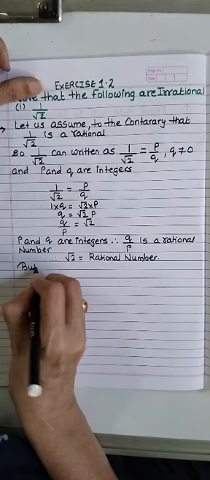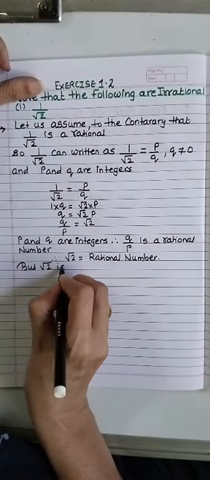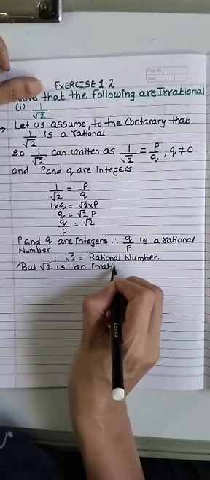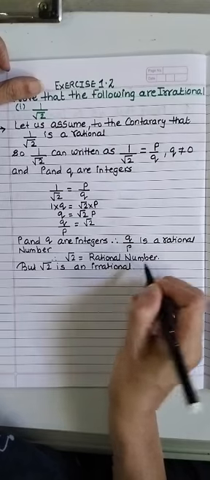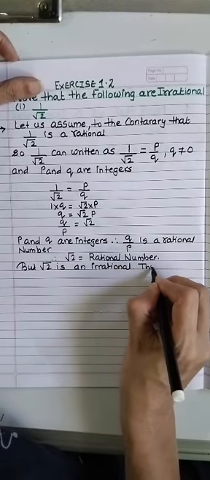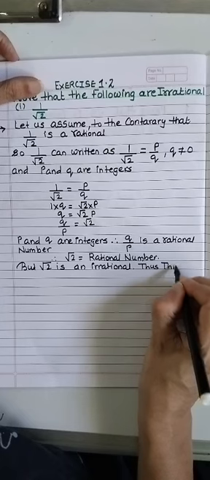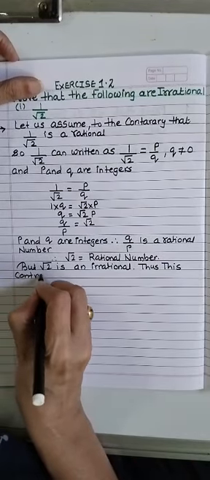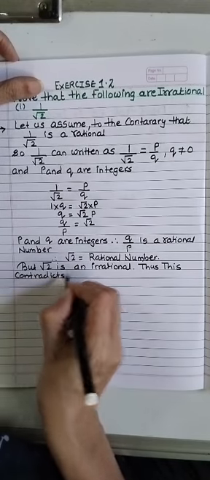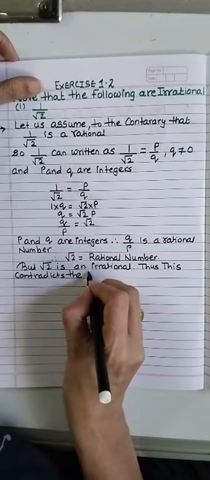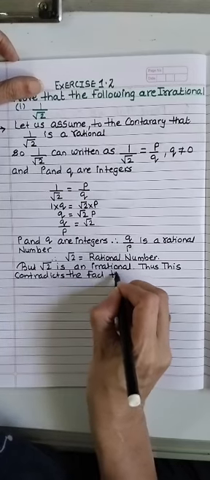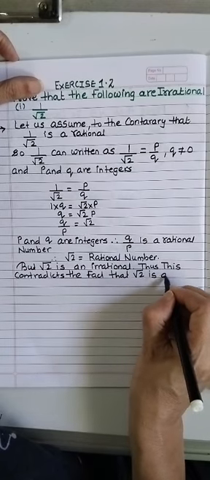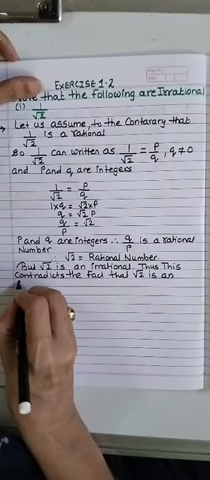But under root 2 is an irrational number. Thus, this contradicts the fact that under root 2 is an irrational number.